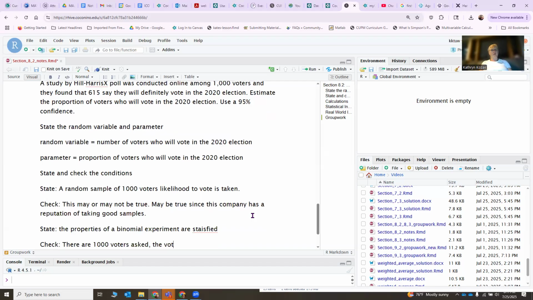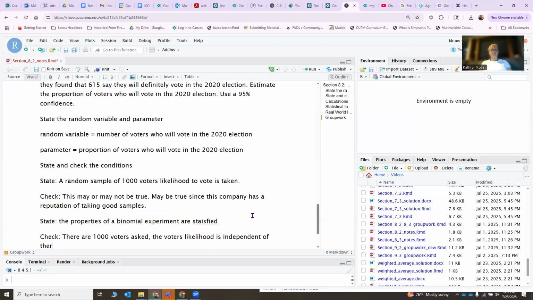The voters' likelihood is independent of the other voters. There are two outcomes. Will or will not vote. And the last one is the probability is the same. So this is met.